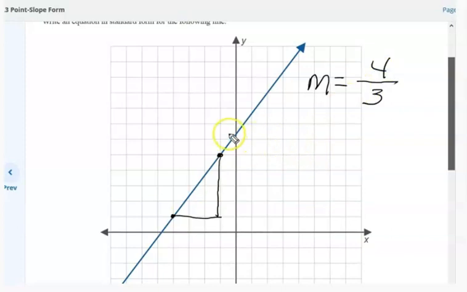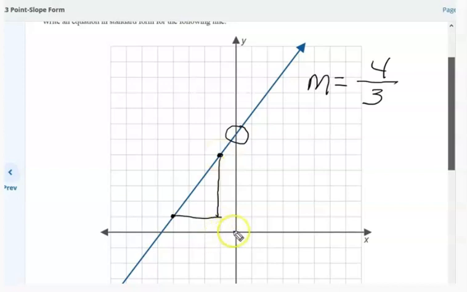Now, notice when it crosses the y-axis here, it's not on a grid line. So that's going to be a challenge. But we have our slope, and we're now going to have, let's say, this point.